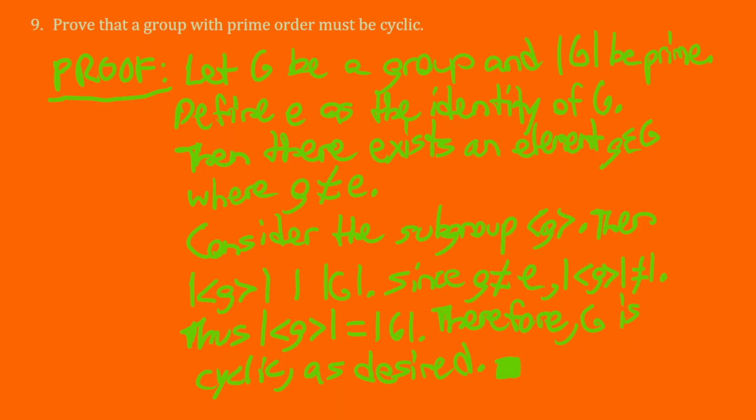And the reason that this works is because for our cyclic group of g, since its order does not equal 1, it has to equal the order of G, because the order of G is prime, and a prime has divisors of only 1 or itself.